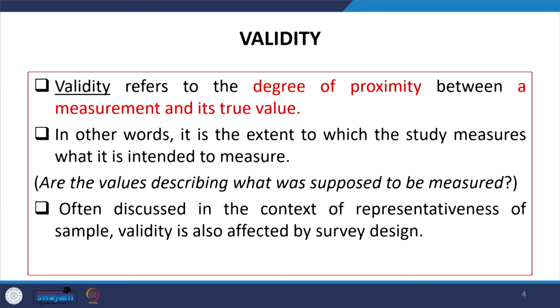So, coming to the first adequacy check, that is validity. This refers to the degree of proximity between a measurement and its true value.